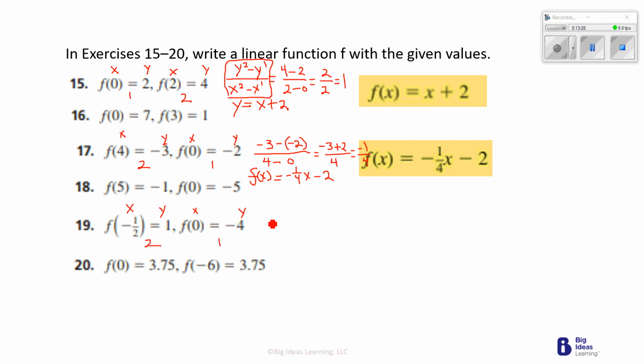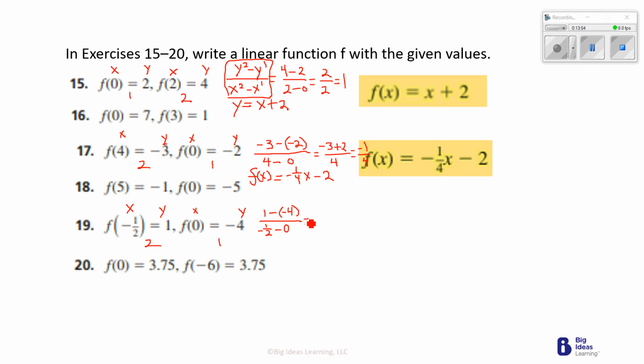So if I do this one, remember y2 is 1. We'll be minusing y1, which is negative 4, over x2, which is negative 1/2, minus 0, x1, which is 0.